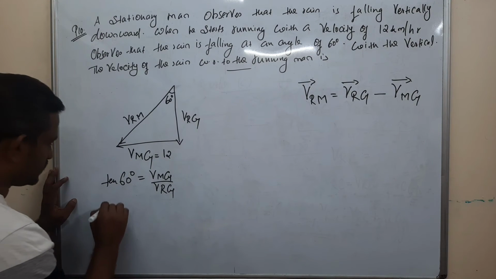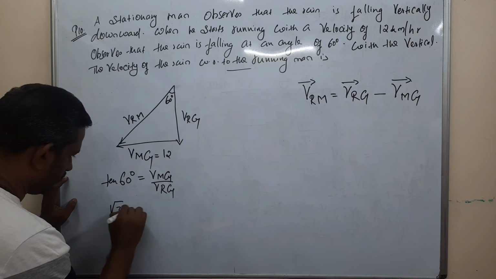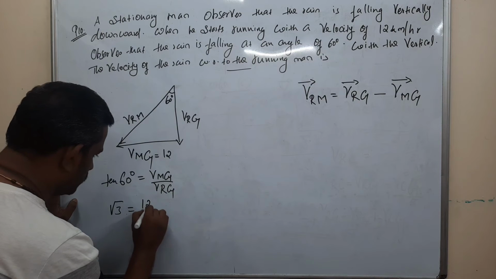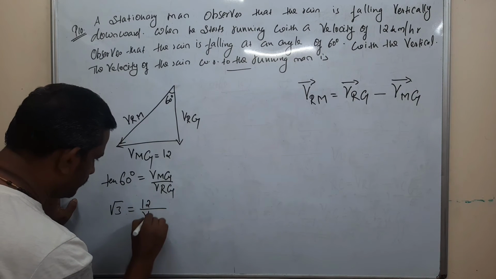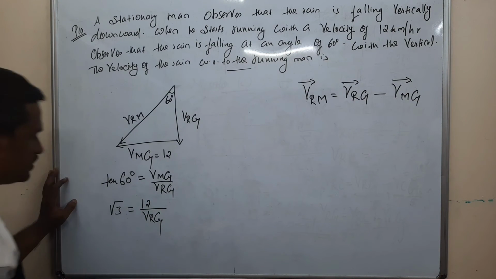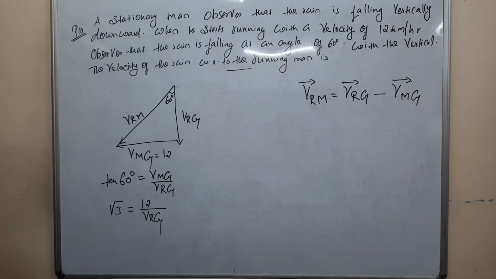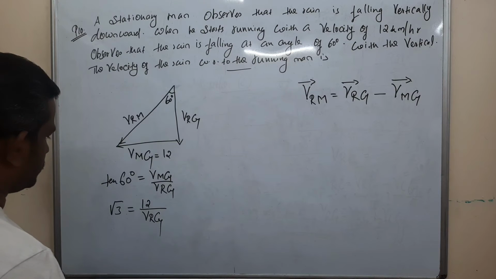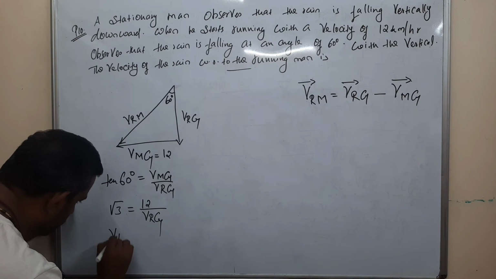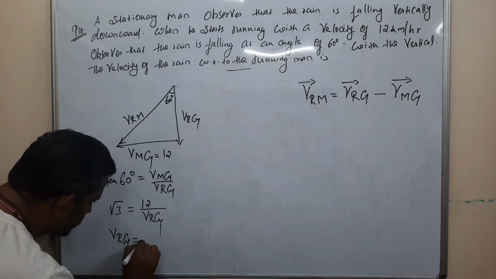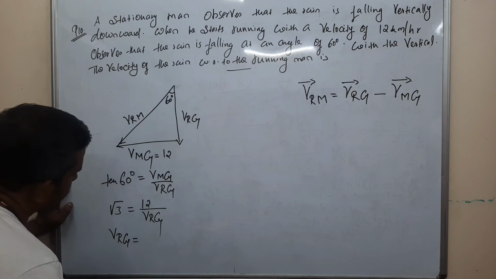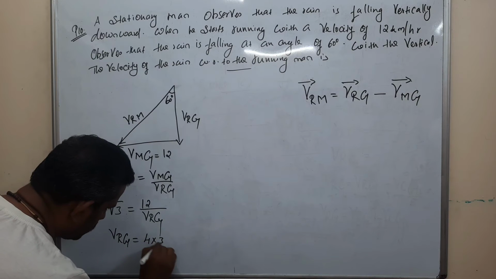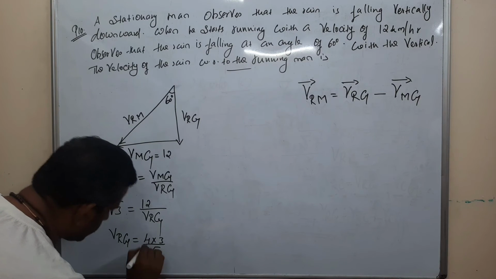Tan 60, that is root 3, is equal to VMG, that is 12, divided by VRG. So VRG is equal to 12, we can write that as 4 into 3 divided by root 3.